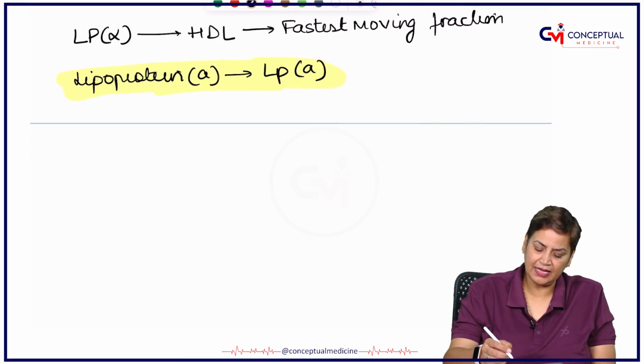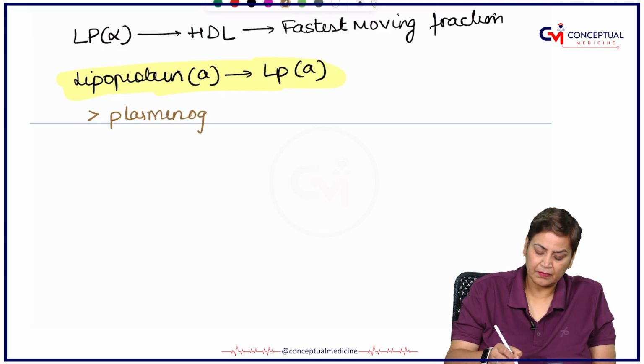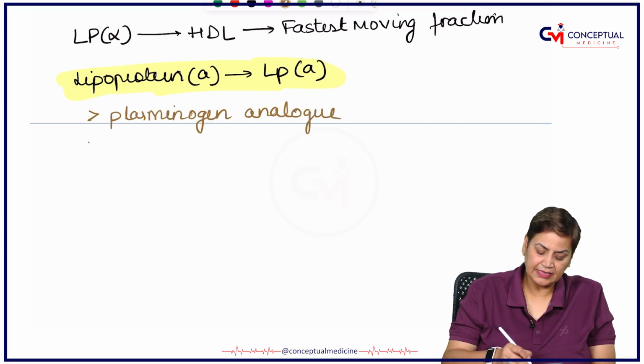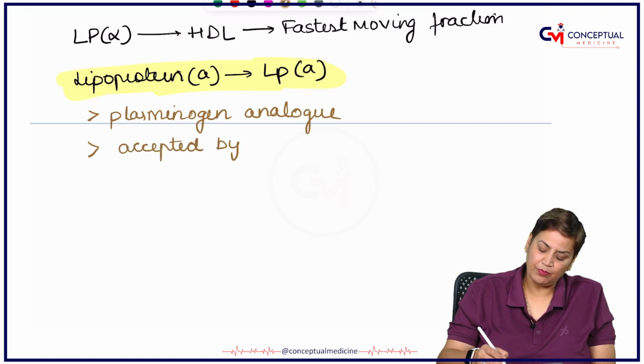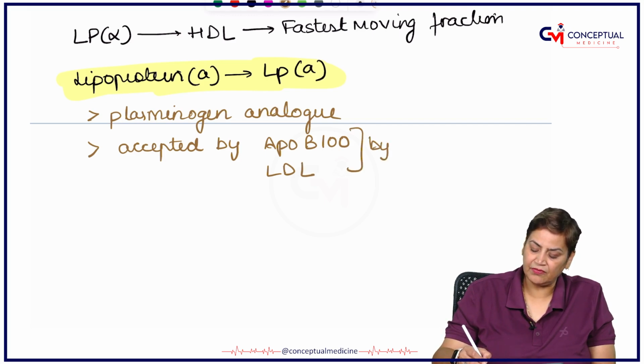Basically this LPA is a plasminogen analog, and it is attached to Apo B100, which is the protein of LDL, by a disulfide bond.